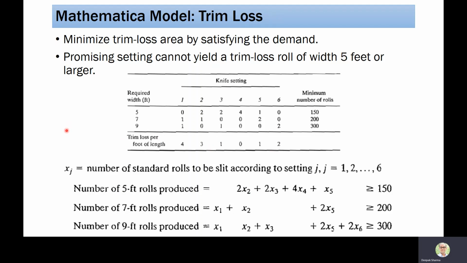So first of all, let us identify the numbers. Now here the question is, what should be our variable? Here we understood that we are trying to find the minimum trim loss by slitting the roll. The variable will be decided based on that, because I can take any of the settings.